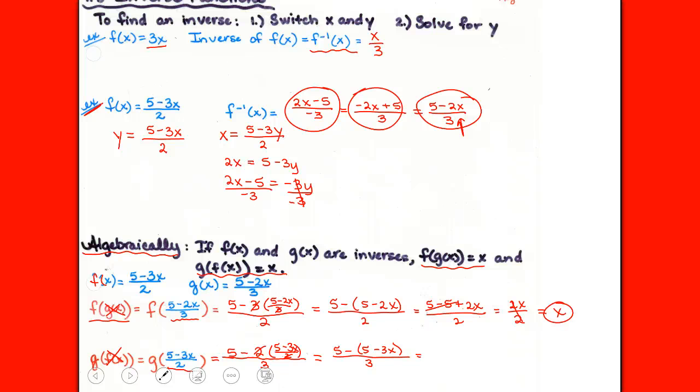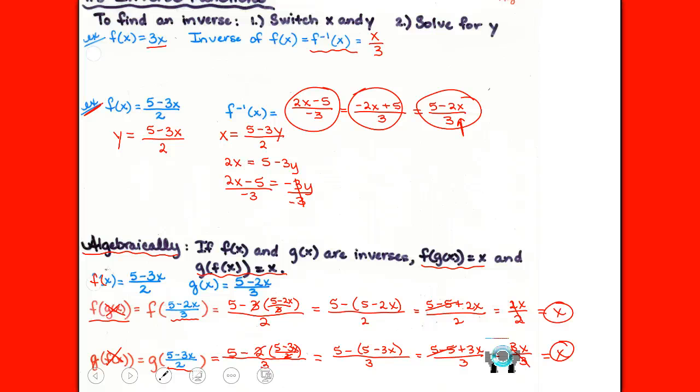Okay, distribute the negative, and when I do, then my 5's will drop out, right? And be sure when you distribute that negative that you do negative 5 and minus a negative, so plus 3x. All right, then what? Cancel out the 3's, and we'll be left with just x.